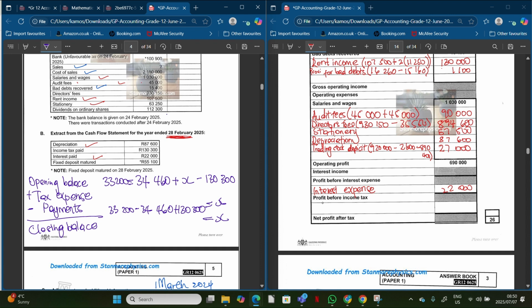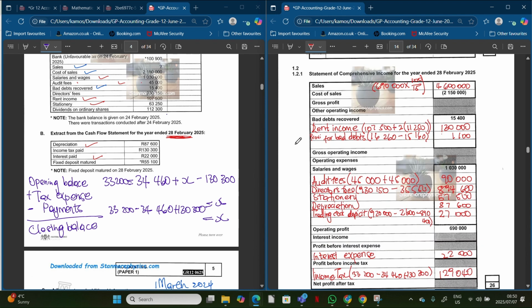So for our income tax, we would have 33,200 minus 34,460 plus 130,300, and that gives us 129,040. So that is the value that you'd get for your income tax.